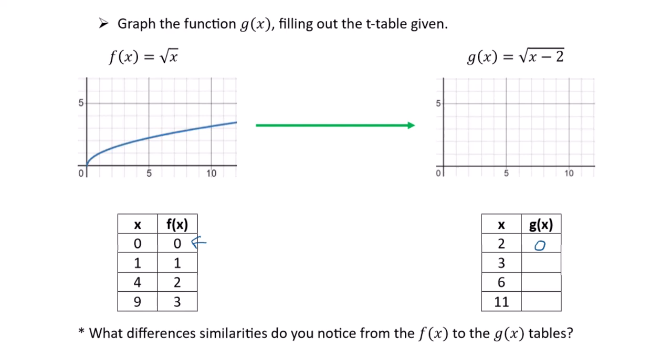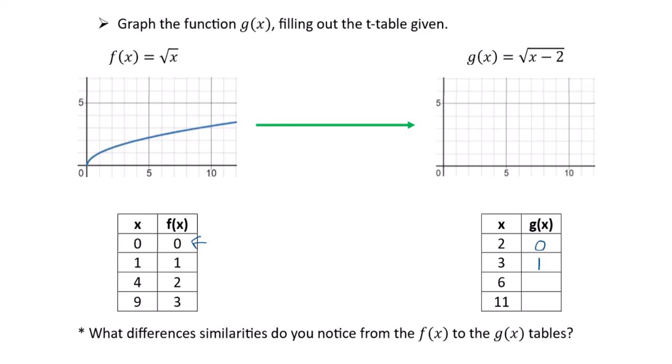Again, we're not going to start with 1 on this point. We're going to use 3. The x is 2 more than what it was before in order for us to have the same output as we had before. 3 minus 2 is 1. The square root of 1 is 1. 6 minus 2 is 4.